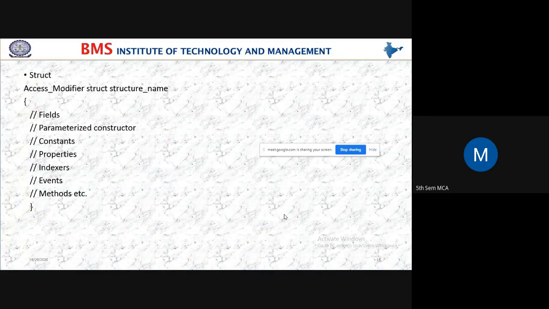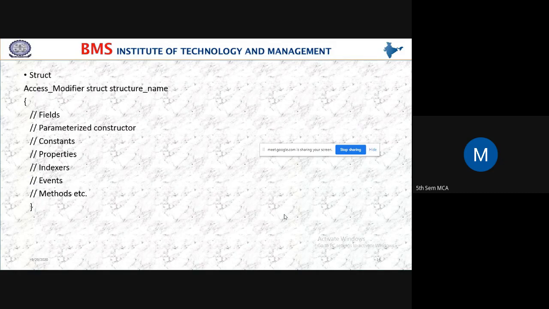Whereas in the array box, I have put only similar balls. So all the items I'm putting in the structure are different. So structure is a collection of heterogeneous data types.